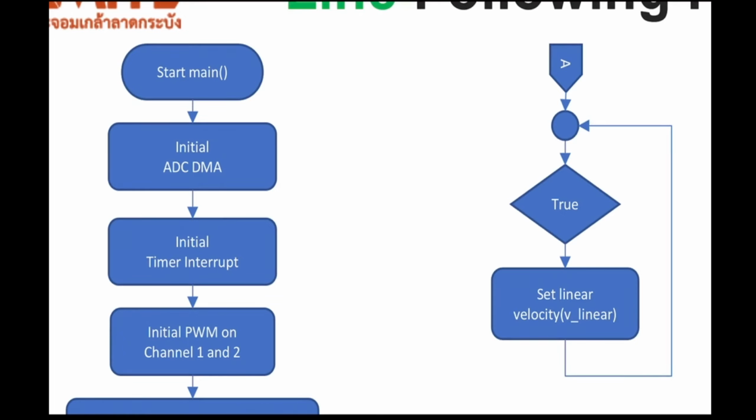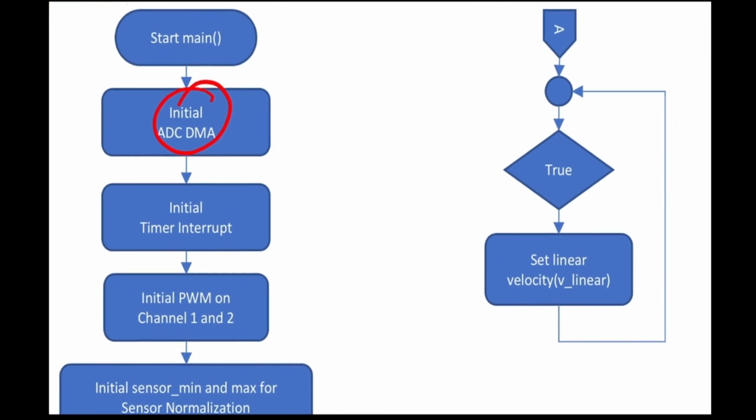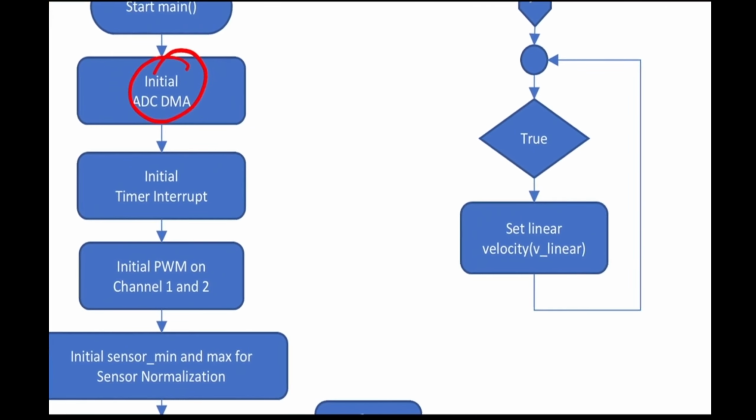Firstly, for the main program, you have to initialize ADC DMA for sure. In the main program, you have to initialize everything. Don't forget it. ADC DMA, we use to read the information from the sensor, right?